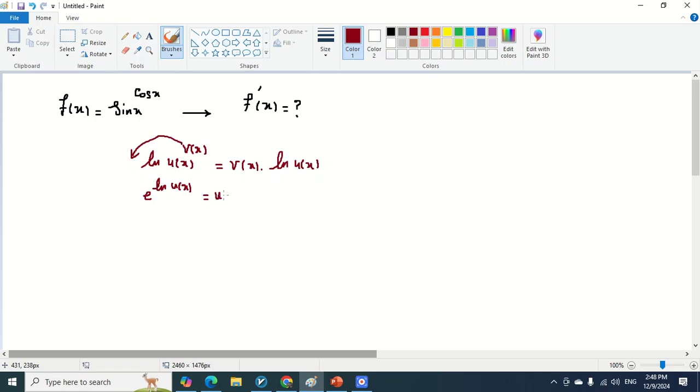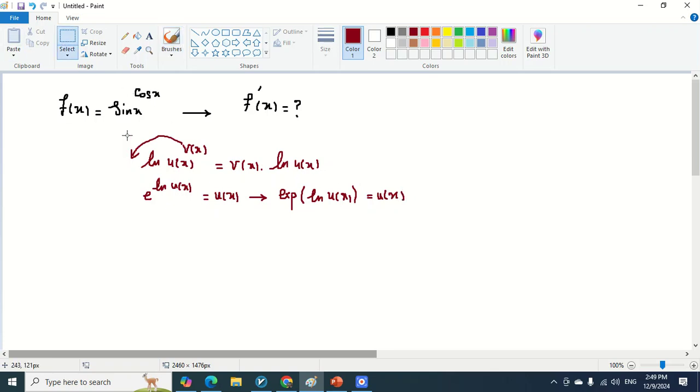Instead of writing e to the power of something, we can write it as exp of ln of u(x). With this notation, the exponential of the logarithm of u(x) is the same as u(x). There are two notations for this situation, and we write both of them here.